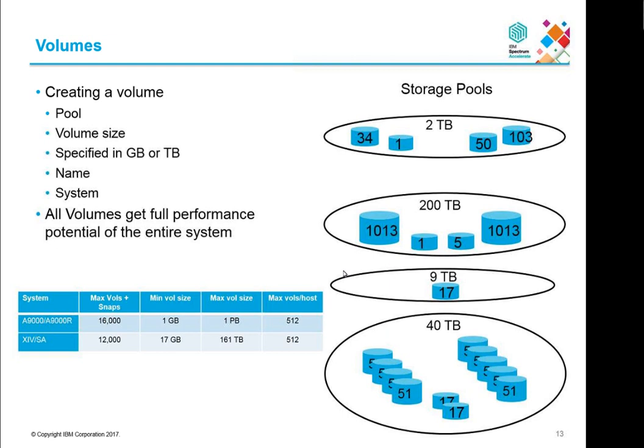Well, the A9000 has a 16 megabyte partition and 103 gigabyte allocation size. So when I create a pool, I will always create a pool on a 103 gigabyte allocation unit size. So if I type in a number, it will automatically get rounded up to the next multiple of 103 gig.